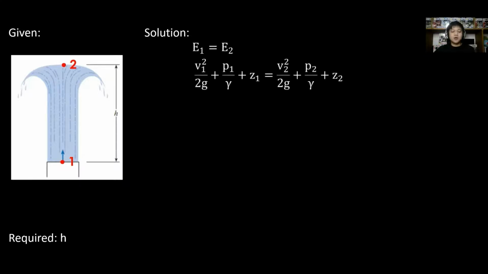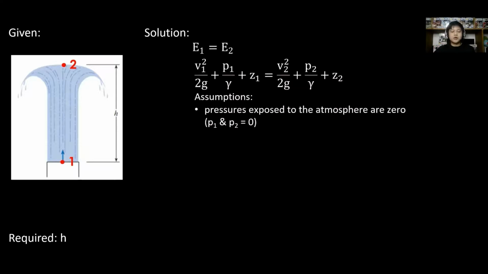The sum of velocity, pressure, and elevation heads at point 1 is equal to the sum of velocity, pressure, and elevation heads at point 2. For the assumptions, first, gauge pressures exposed to the atmosphere are 0.